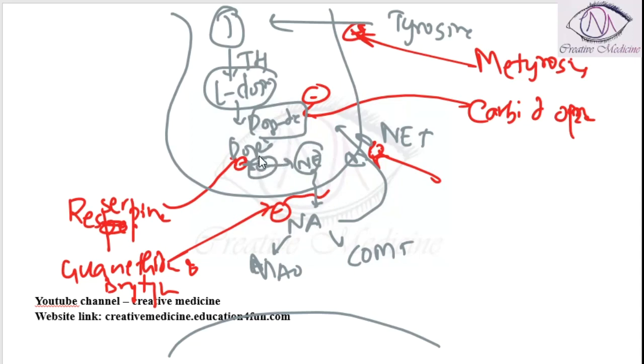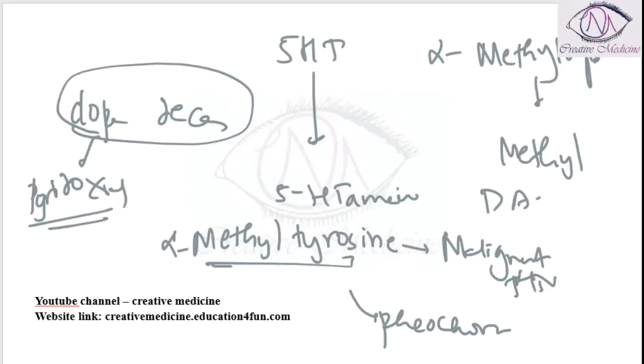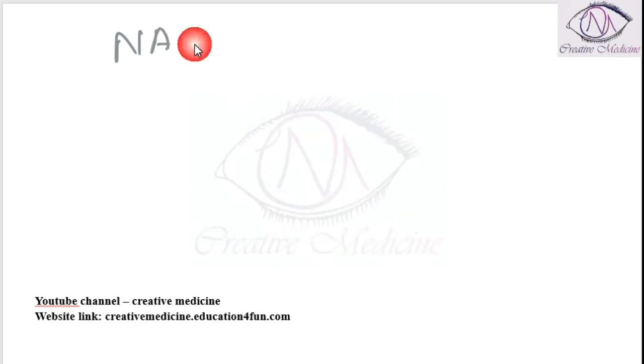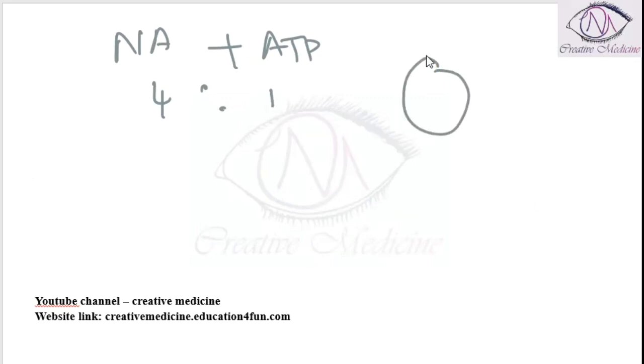This norepinephrine is stored as a complex with ATP in the ratio of 4:1, and this complex is adsorbed to a protein called chromogranin.